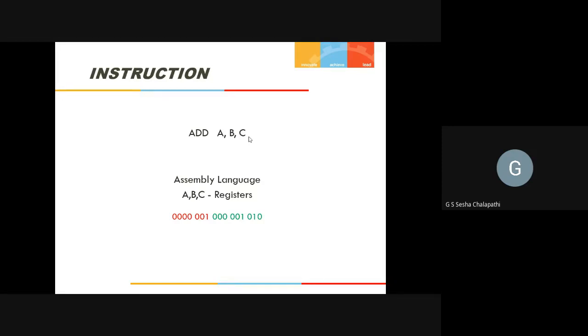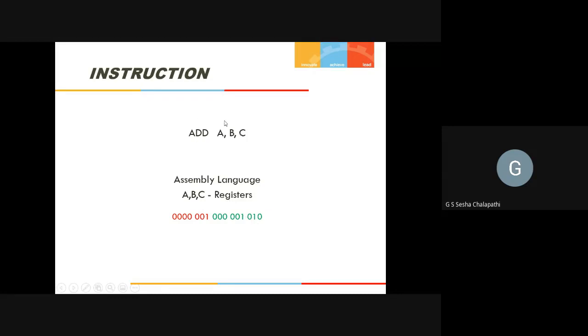These registers are present inside the microprocessor itself. So I give an instruction to it in an assembly language, say add A comma B comma C. Now this assembly instruction will be actually converted into a hexadecimal code, or a binary code, by the processor, to tell the processor what action it has to perform.